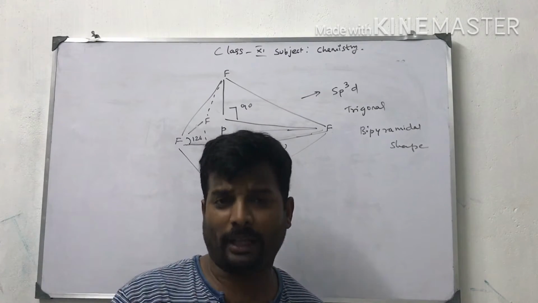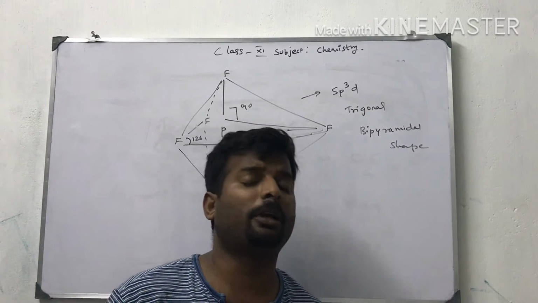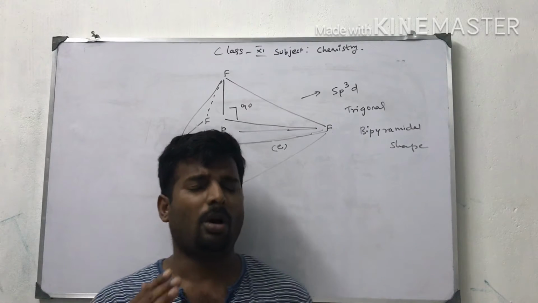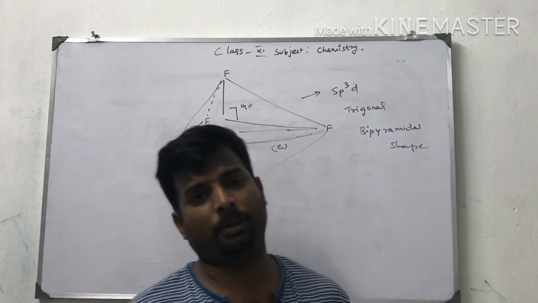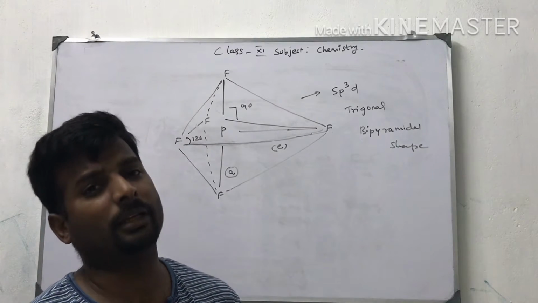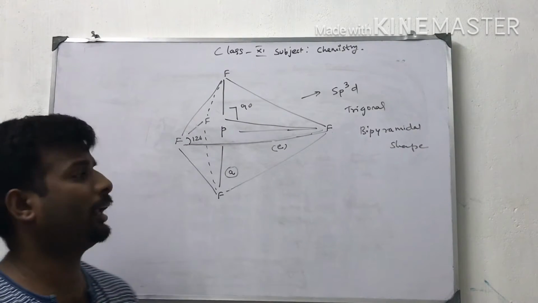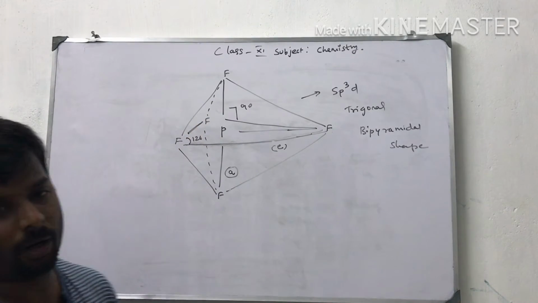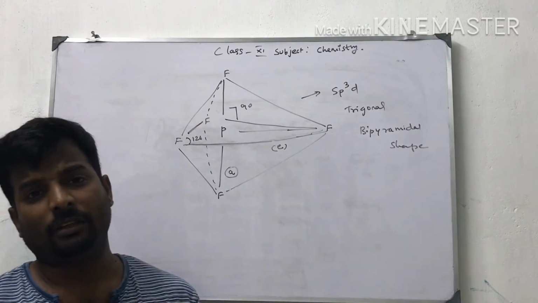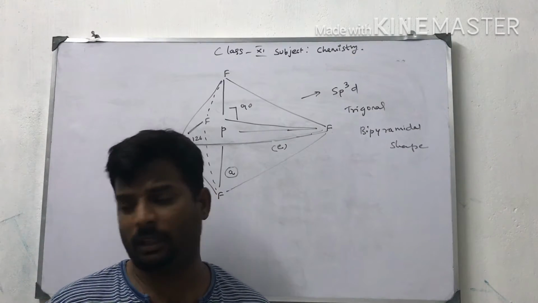The two hybrid orbitals lying vertical on the phosphorus atom are called axial bonds. They have the bond angle of 90 degrees, and the equatorial bonds have the bond angle of 120 degrees. This is the structure of phosphorus pentafluoride.